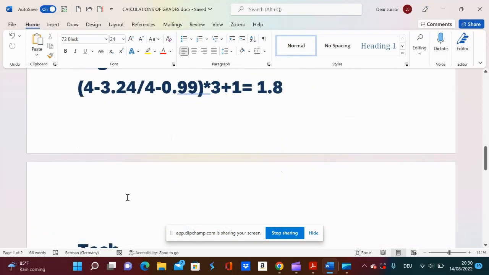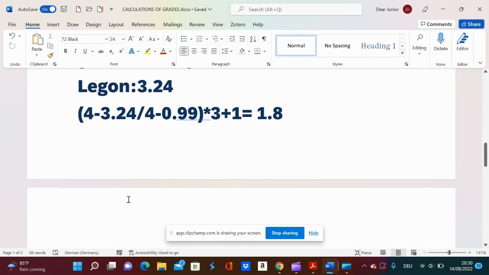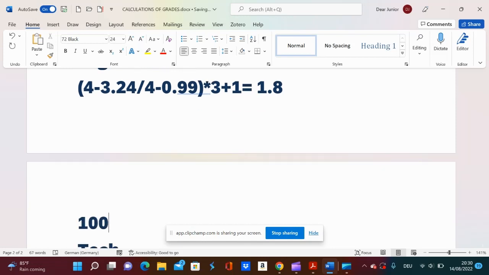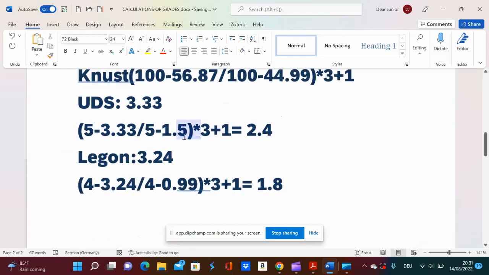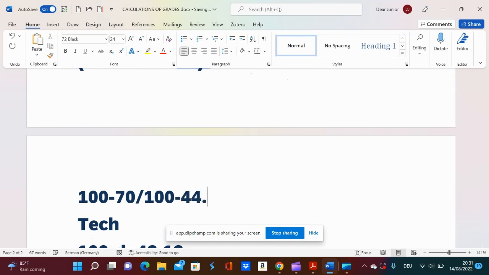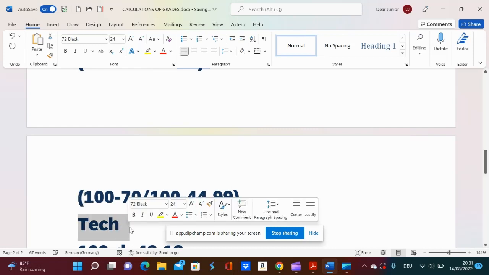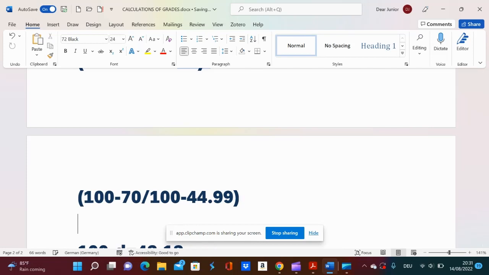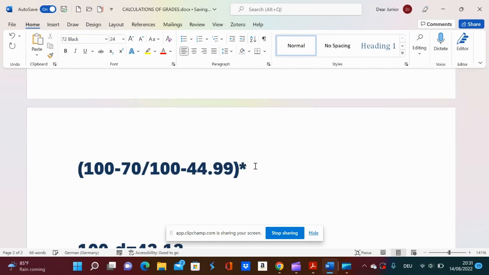If the tech student had 70%, then the maximum will be 100 minus 70, all over 100 minus 44.99, all into bracket, times 3 plus 1. Let me quickly do this calculation. When you do this calculation, the person will get 2.6.